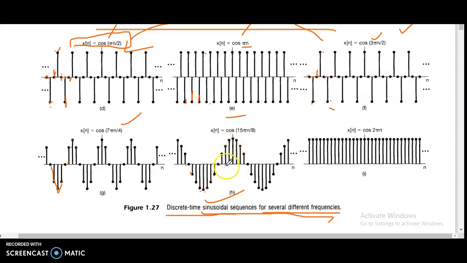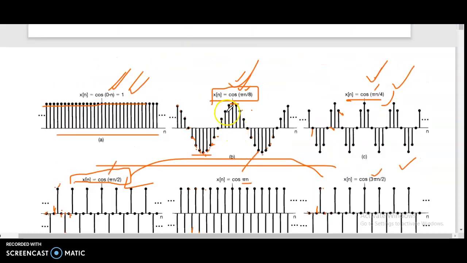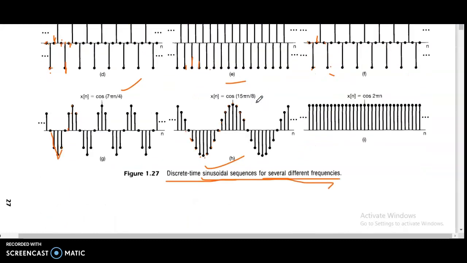Then from 0 you will start 0, 1, 2, 3, 4, 5, 6, 7. 0 started, no? So almost the same. x of n equal to cos of pi n divided by 8 equals x of n equal to cos of 15 pi n divided by 8.